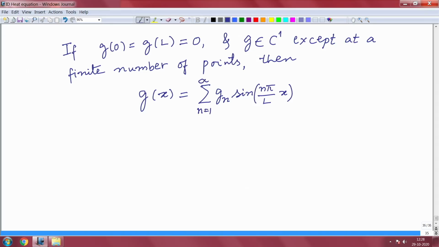where g n are the Fourier coefficients of g, where g n equals 2 by L integral 0 to L g x sine n pi x by L dx.